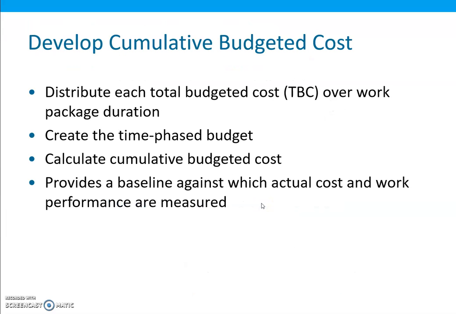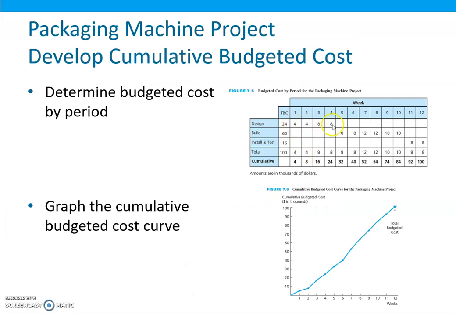And then for the design, we have this 24 cost. For the build, we have this much cost, 60 cost. And then for the install and test, we have a total of 16 costs. So we have estimated that the cost is distributed like this, okay?